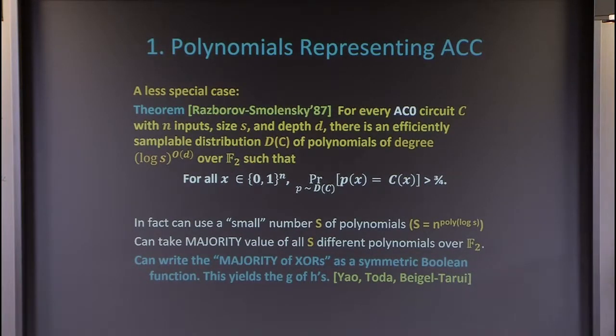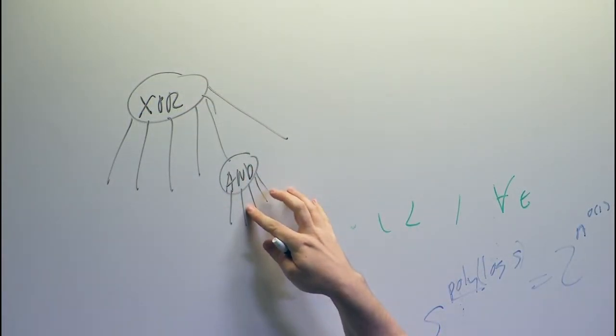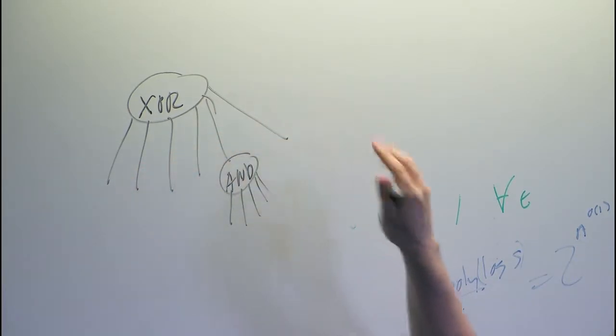So you can always think of a polynomial over F2 as a big XOR of ANDs, where each of these ANDs is just a monomial, and the XOR is the sum over everything.